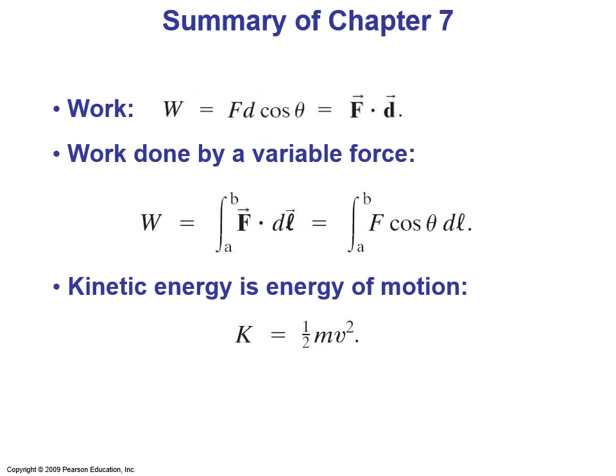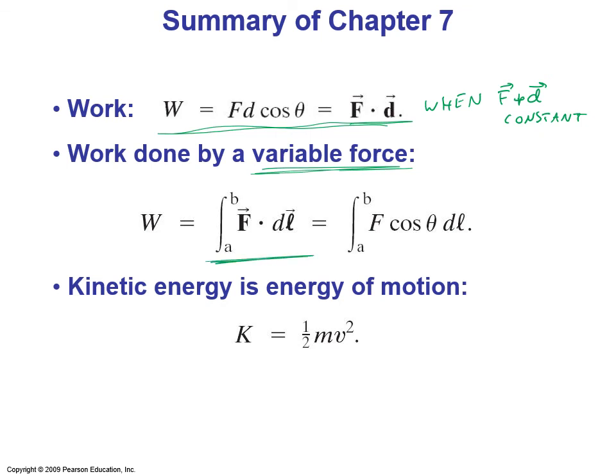All right, let's just wrap up this chapter, chapter 7 on work. So remember, work is a dot product between force and displacement when the force and the displacement, say, are constant. Work done by, say, a varying force, a force that varies over displacement, requires an integral.